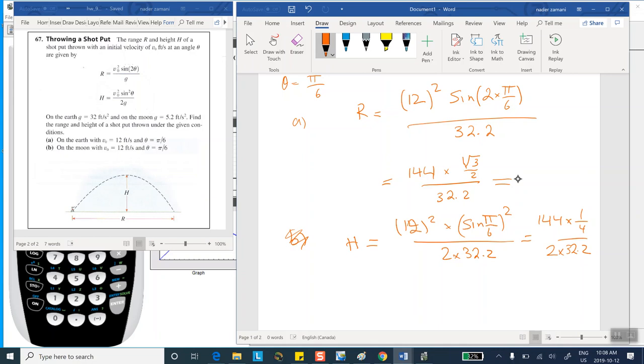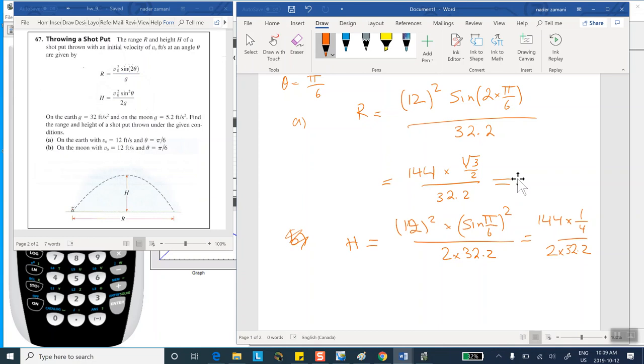So let me see now. 144 times root 3, and then divided by 2, divided by 32.2.